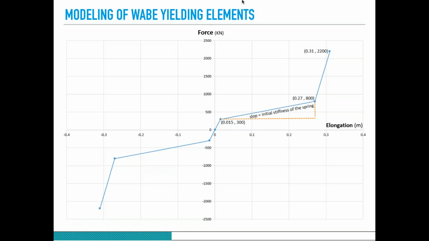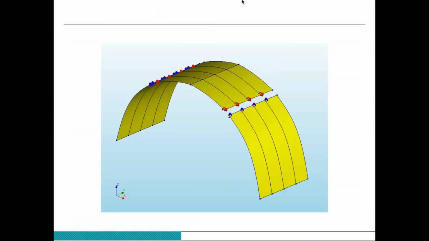So the yielding elements should be designed in a way that their initial stiffness shouldn't be much higher than the fresh shotcrete. So I took the second line step as the initial stiffness, and I put it in the initial stiffness of the spring.